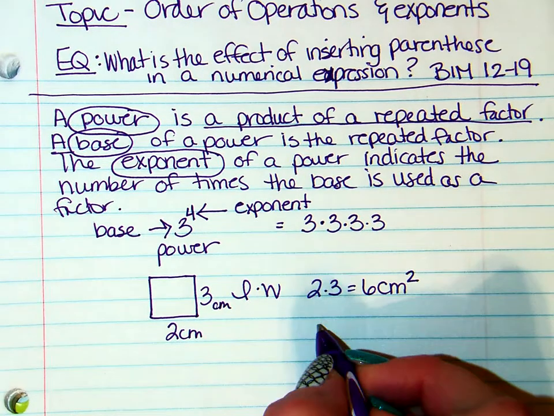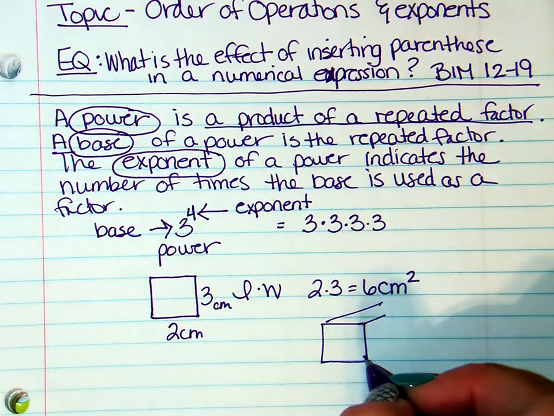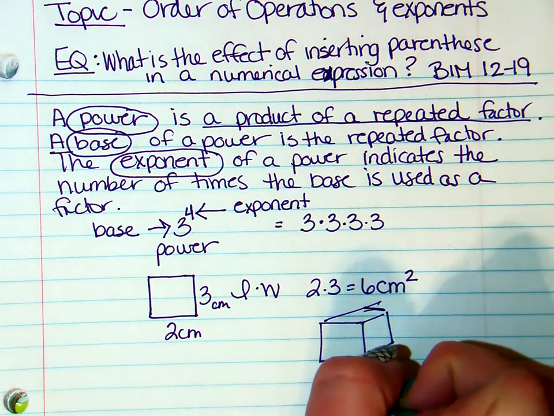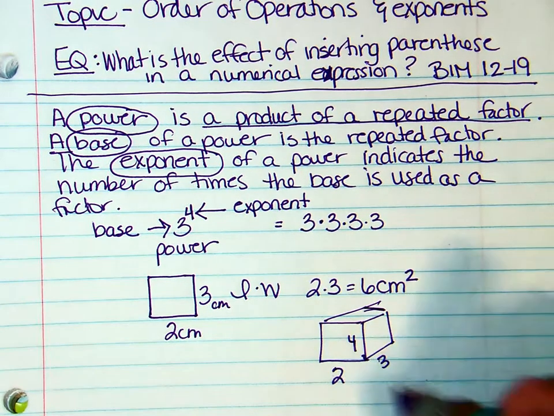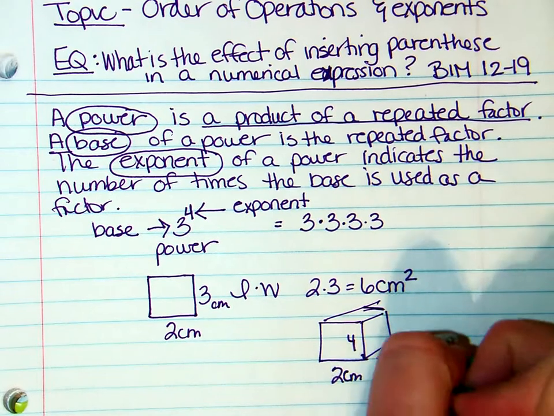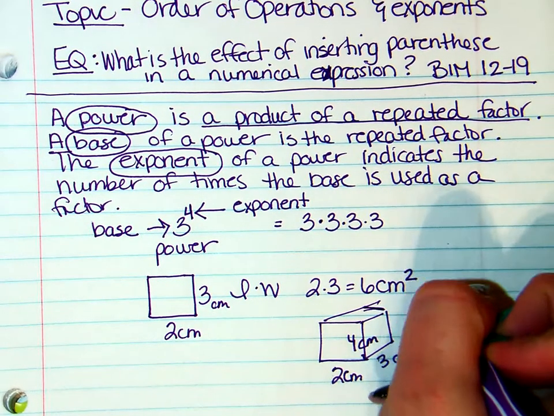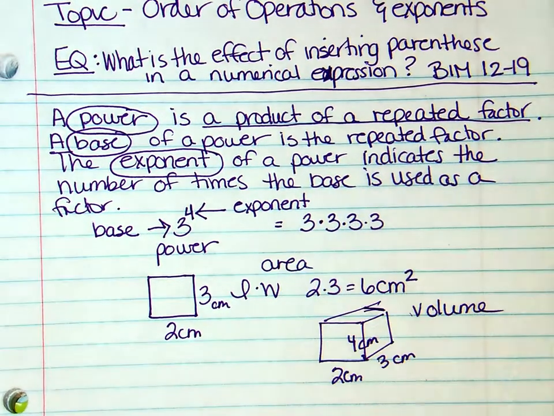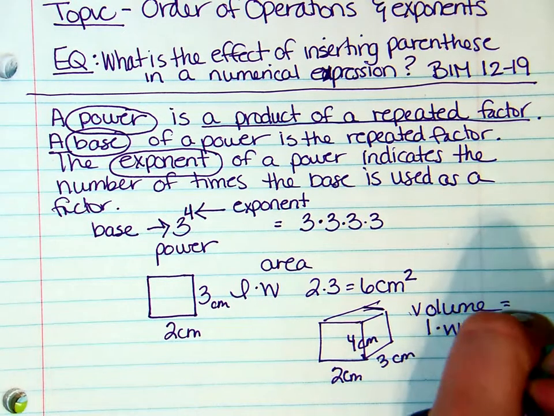Now we could also have volume, which is 2 times 3 times 4. That is our length times width times height. So volume is length times width times height.